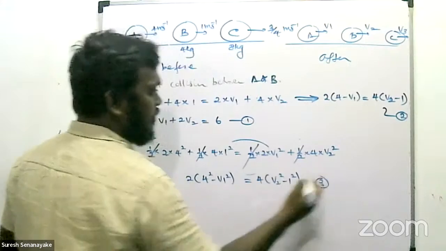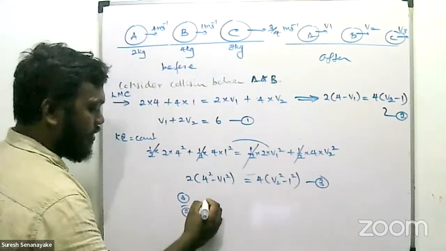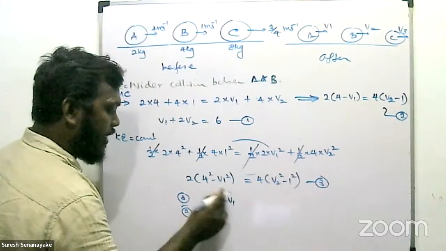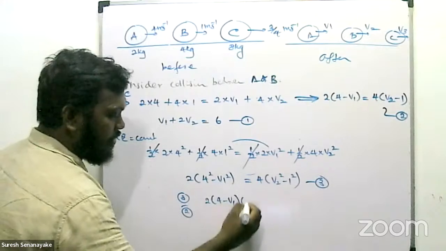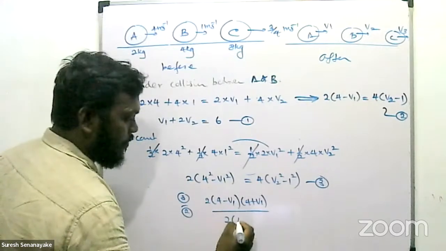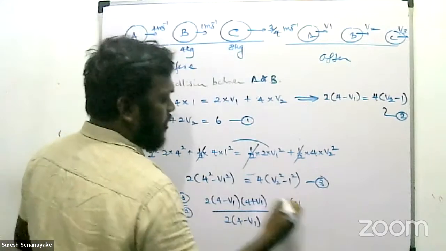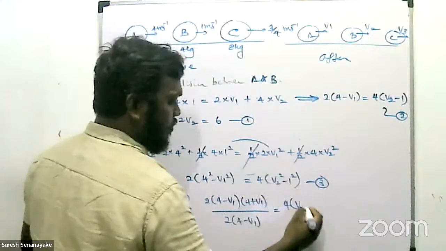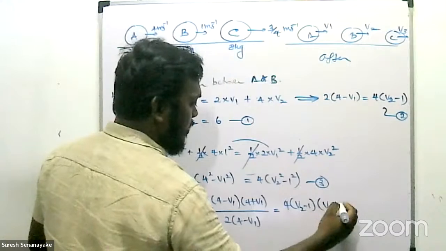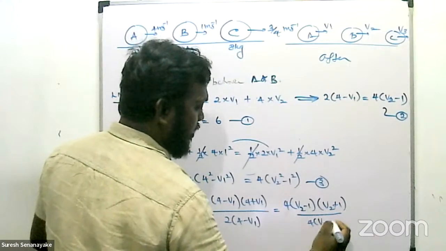Third one. This third one divided by the second: this is 2 into 4 square minus V1 square, which you can write now as 4 minus V1 times 4 plus V1, divided by 2 times 4 minus V1. The other side, 4, this is also a difference of squares, V2 minus 1 times V2 plus 1, divided by 4 times V2 minus 1.